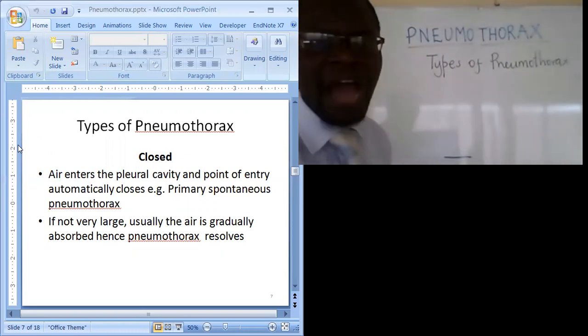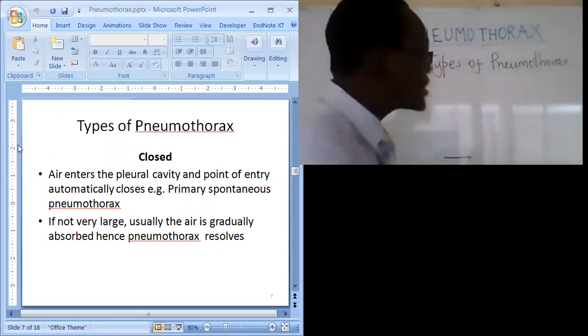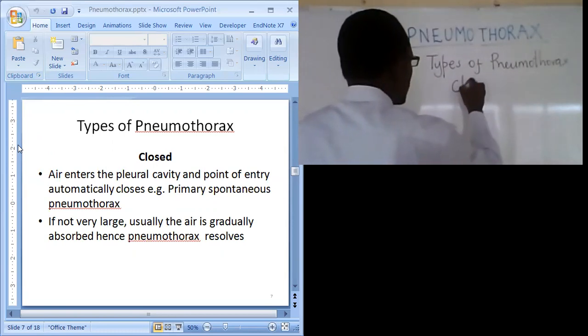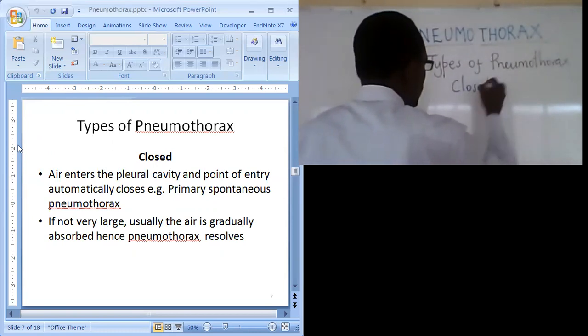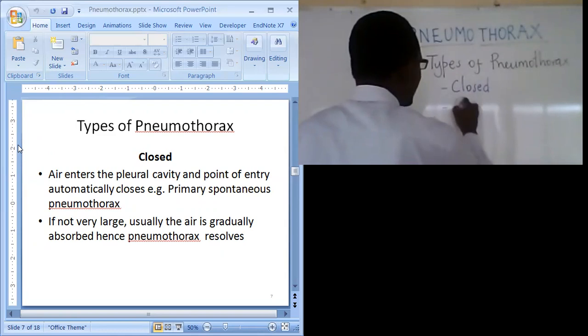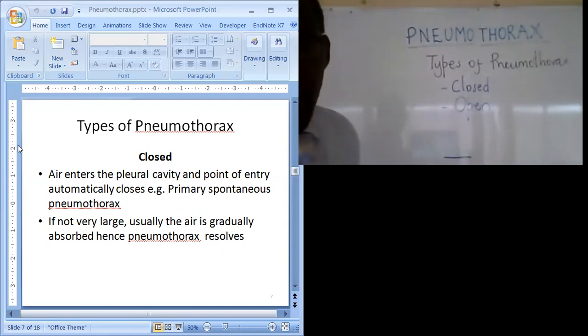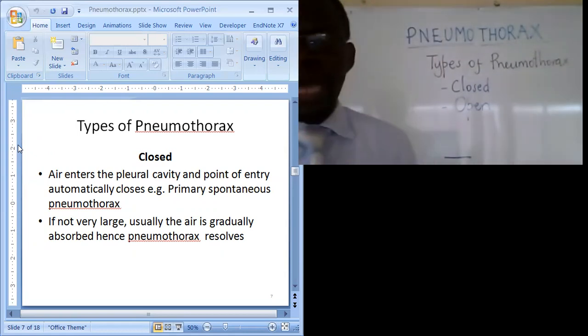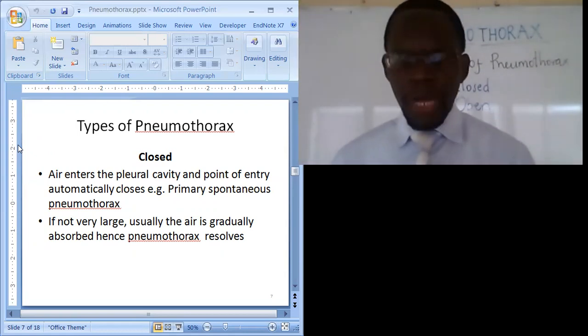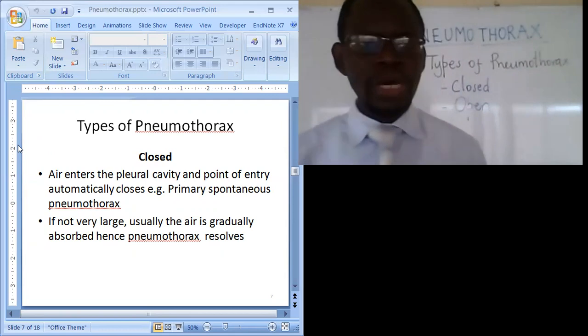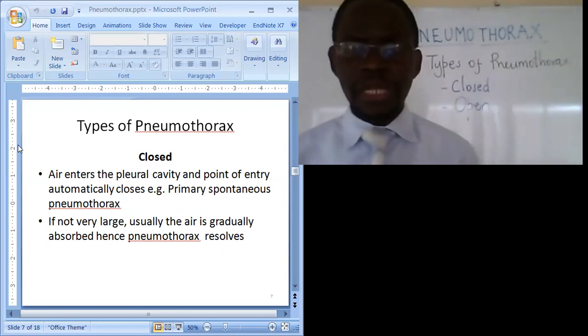We have what we call the closed and the open. Those are the two types that we have. We're going to look at them one by one and also show a little bit of demonstration here and there.